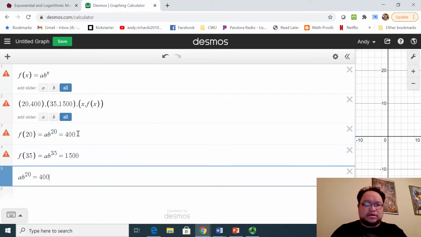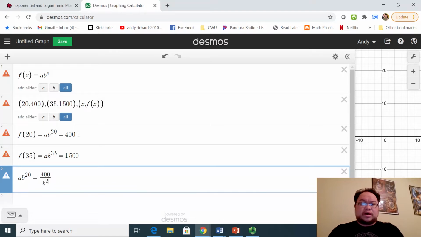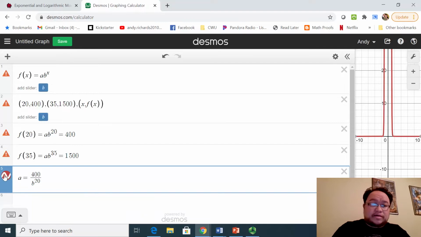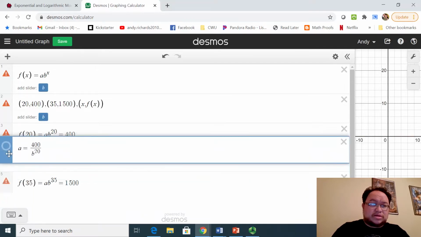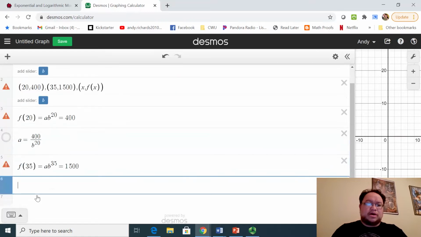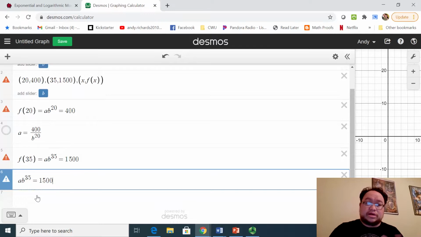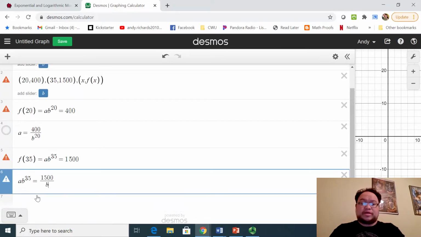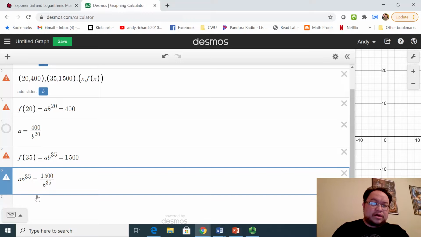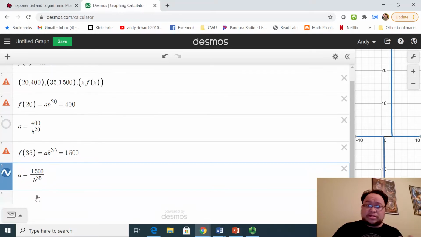Let's start with this part here. Now, we don't necessarily know a way to find A and B off of just this information, but we could isolate a variable. We could divide both sides by b to the 20th, and that would give us a value for A. We could do the same thing for the other instance and divide both sides by b to the 35th, and then that same A is isolated.